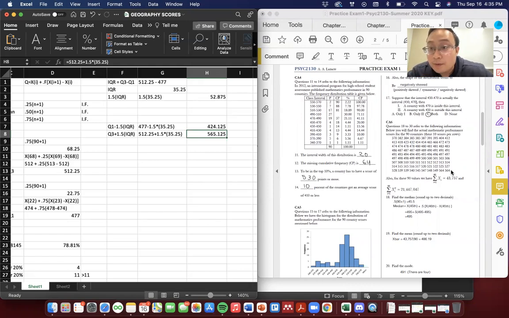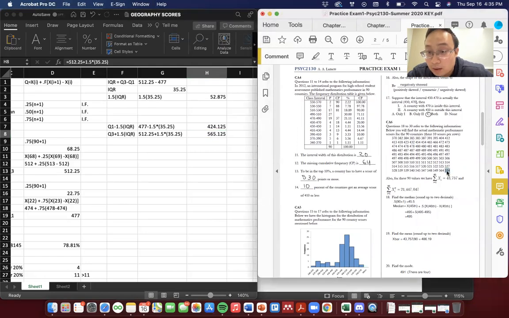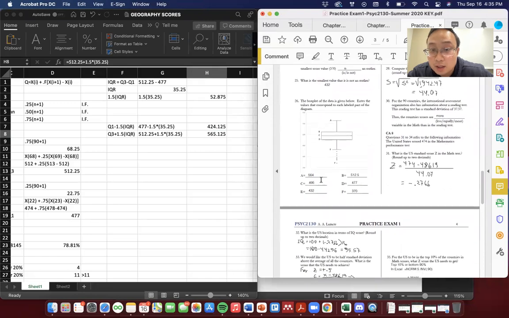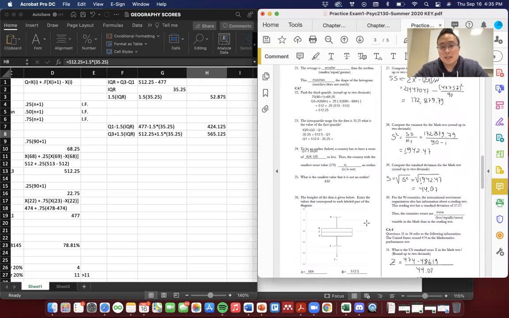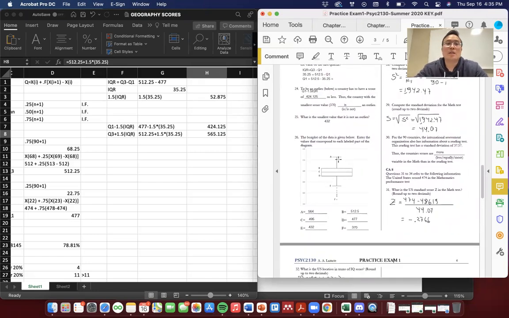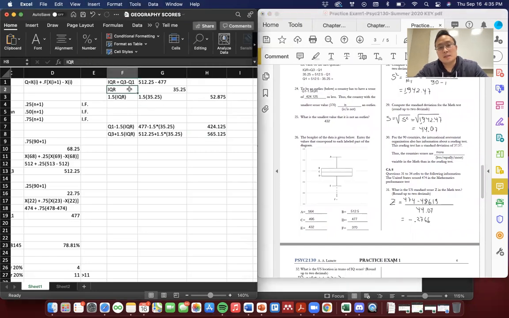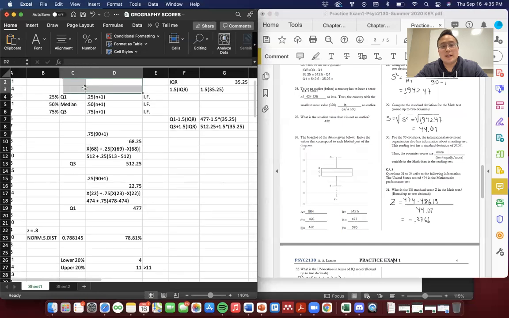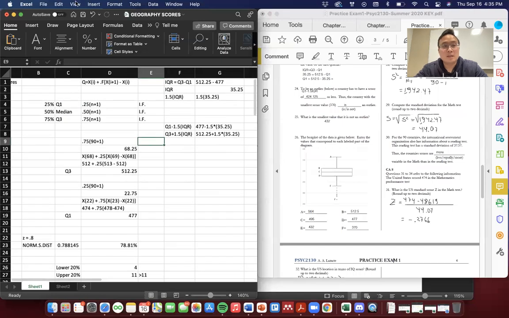And so the very first value below this is 564, which is why 564 is A. Right? Okay. So moving on. That's how you get the box plot, the whiskers, using the IQR and IF. I will save this document and send it to you all.